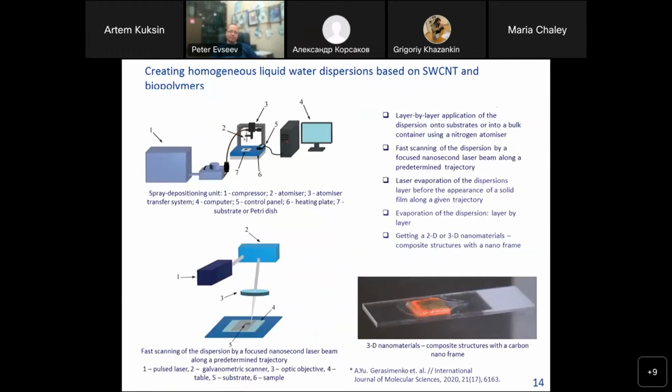Second step, we transform the dispersion by laser radiation into solid state. We repeat this once again, layer by layer. The result is a material with carbon nanoframework. On the slide, you can see the molecular model of such nanomaterial.